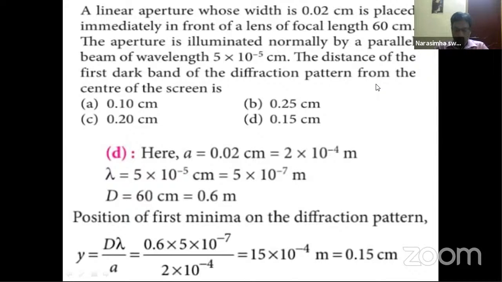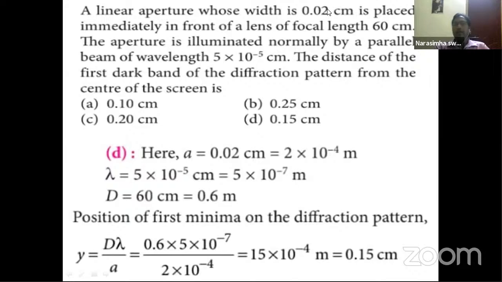So diffraction means what? Diffraction is when a light ray is incident on the edge of an obstacle or passes through a narrow orifice, then the light ray bends. This bending phenomenon is called diffraction, right? So in this diffraction, the aperture means a small narrow gap.